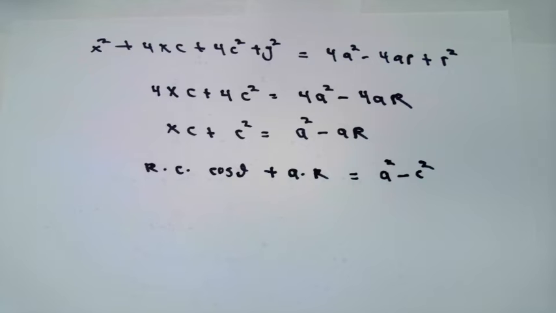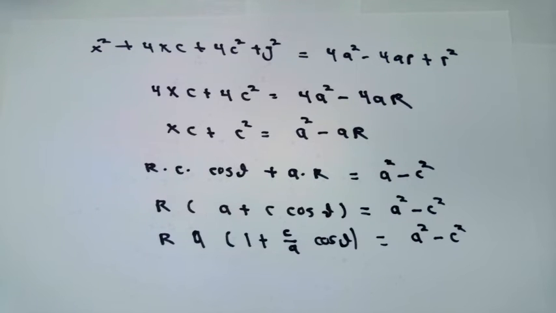Since x is r cosine theta, I'll go ahead and write the x times c term using that. I added the a times r term to both sides, and I subtracted c squared from both sides. Factoring the r out, and then also factoring the a out, results in the equation at the bottom of this page.